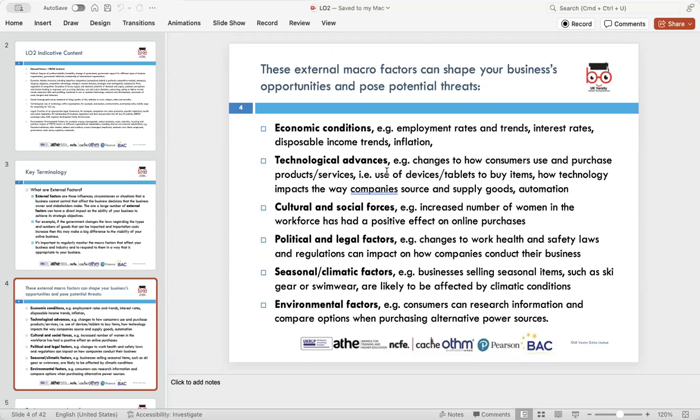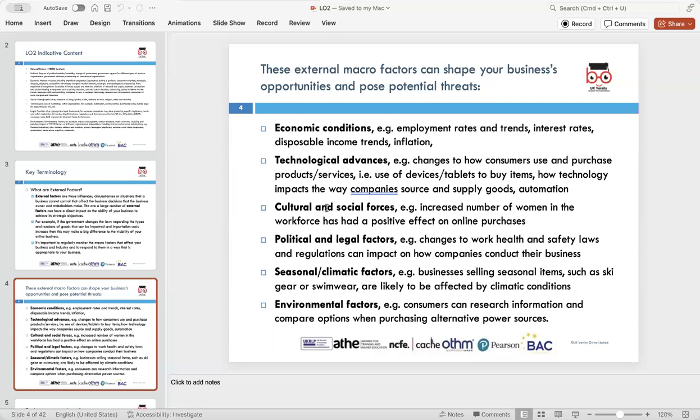Also consider variation in the manner in which consumers use and acquire products or services, such as the use of smartphones or tablets for purchasing items, the influence of technology on the ways in which businesses procure and deliver goods, and the implementation of automation.